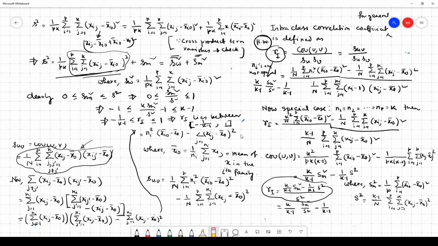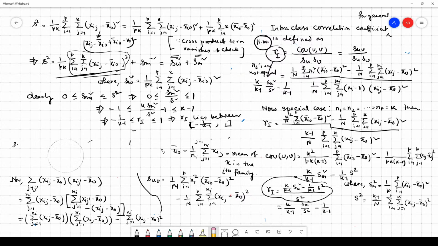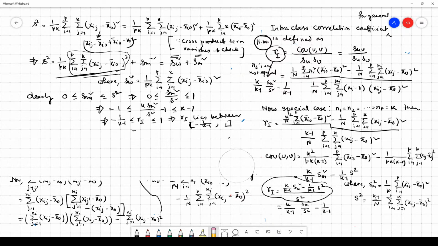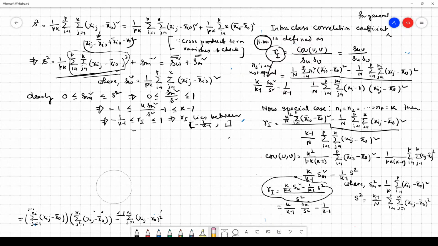But we know for the ordinary correlation coefficient lies between -1 to 1, but here we see that the intraclass correlation coefficient lies between -1/(k-1) to 1, and we note that when k equal to 2, in that case Ri lies between +1 to -1.